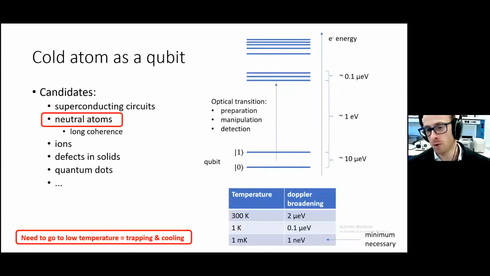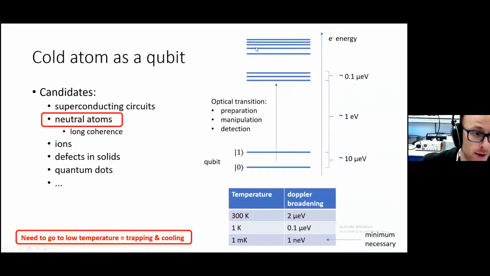So I will try to motivate now on this slide why we need to go to cold temperature. There are plenty of good reasons to go to cold temperature. This is just one point of view, maybe a little bit restrictive, but this is the story that I want to tell on this slide.